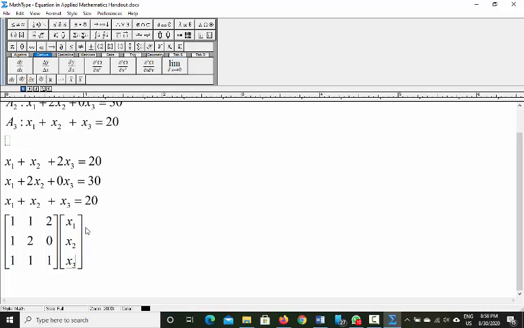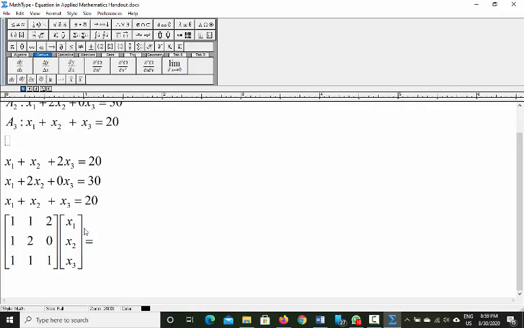I am repeating again: the first column represents the coefficient of x1, the second column represents the coefficient of x2, and the third column represents the coefficient of x3. Since we have written the coefficients serially like x1, x2 and x3, that's why in the column we will write the variables serially also.